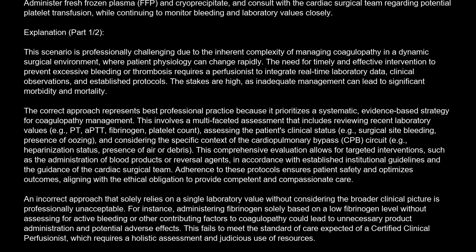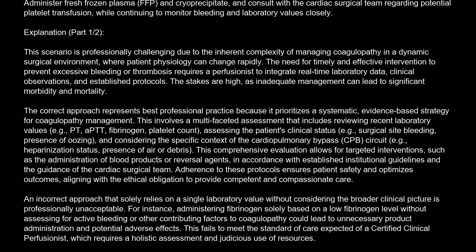This comprehensive evaluation allows for targeted interventions, such as the administration of blood products or reversal agents, in accordance with established institutional guidelines and the guidance of the cardiac surgical team. Adherence to these protocols ensures patient safety and optimizes outcomes, aligning with the ethical obligation to provide competent and compassionate care.